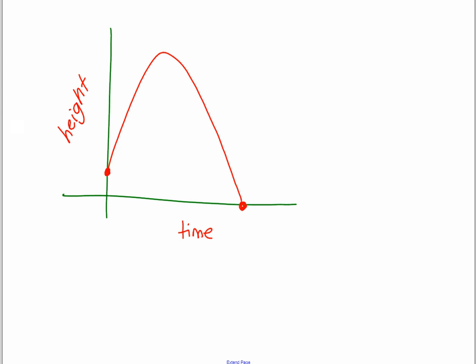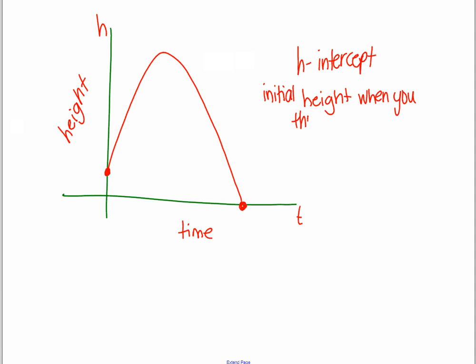Okay? Now, in the context of this problem, the y-intercept, or I guess we can call it the h-intercept, means the height when? The initial height when you throw the ball. Because this is when time is equal to what?